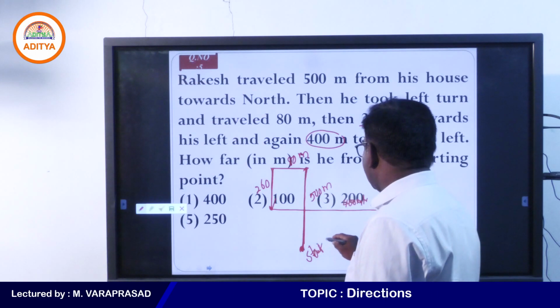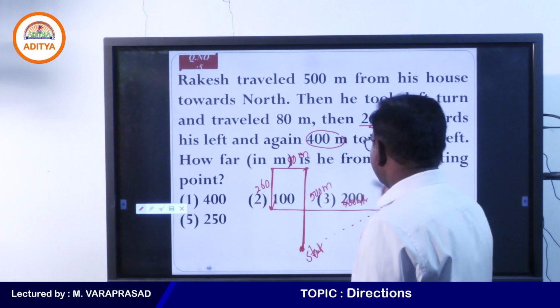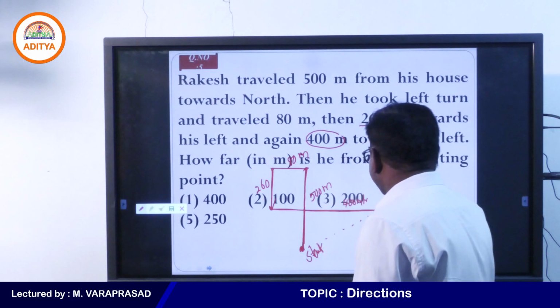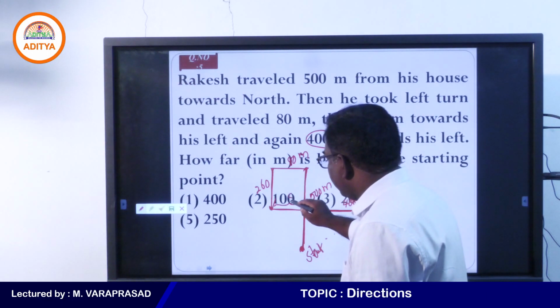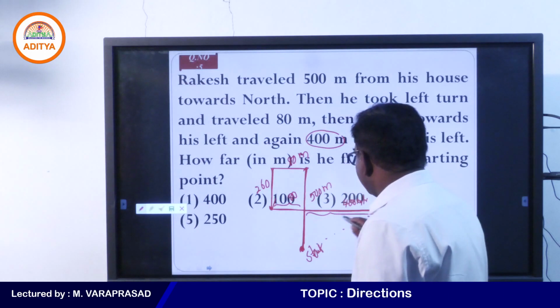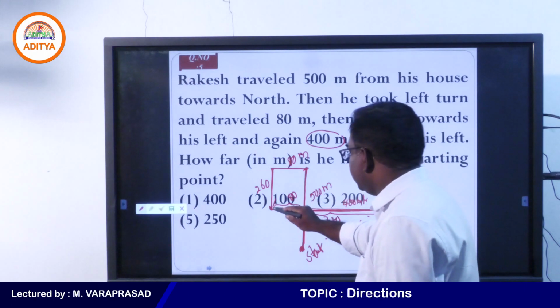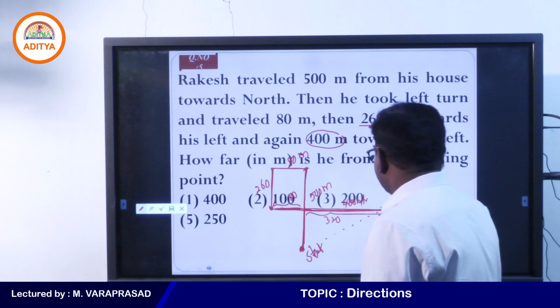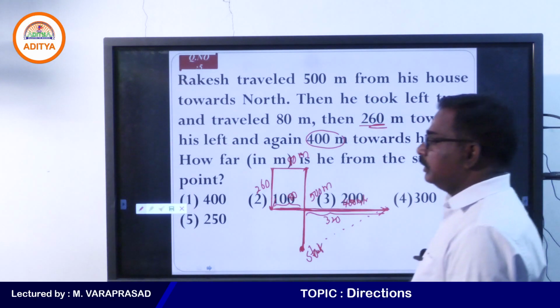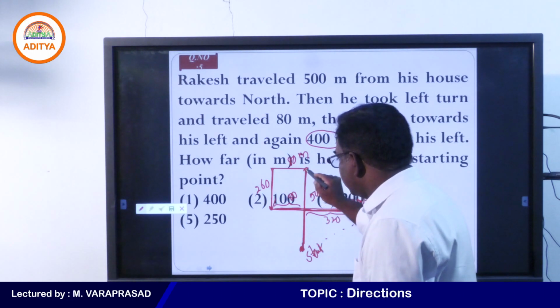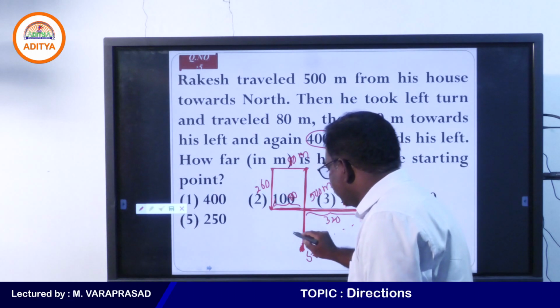Now this totally 400 meters means this is 80 and the remaining one is 320 because the total is 400. Now this is 260, the total is 500, so this is 260 and the remaining is 240.